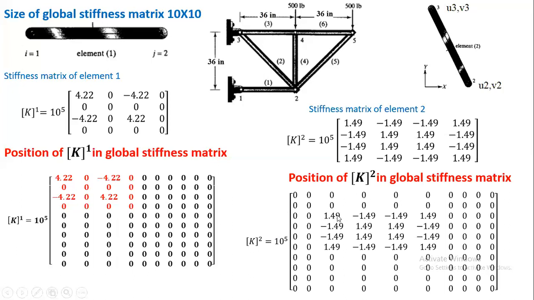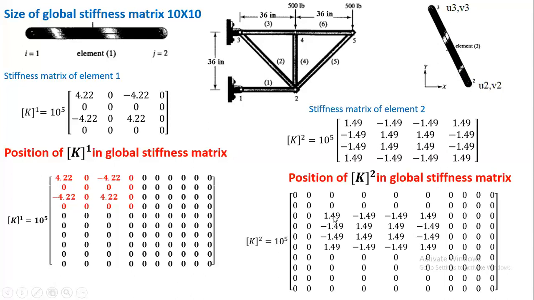Now this is 3 3, 3 4. The third degree of freedom is the starting degree of freedom of element number 2. Now 3 4, the fourth degree of freedom is also connected to the element number 2. Next 3 5, the fifth degree of freedom is also connected to the element number 2. 3 6, the sixth degree of freedom is also connected to the element number 2.